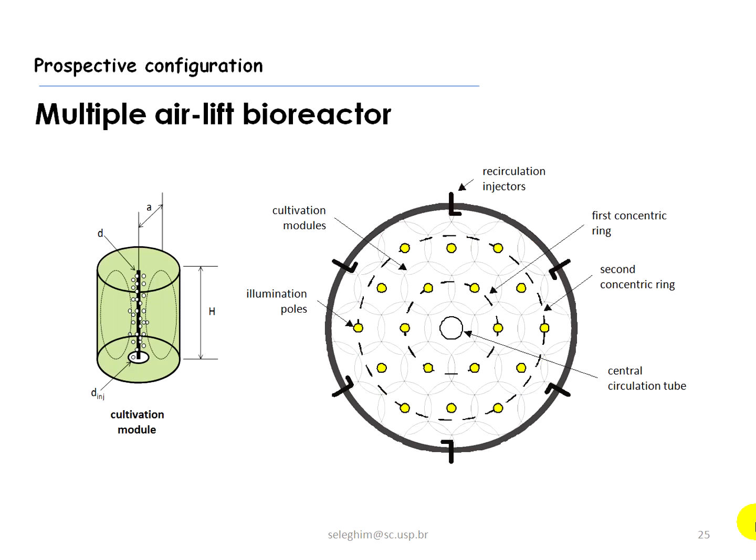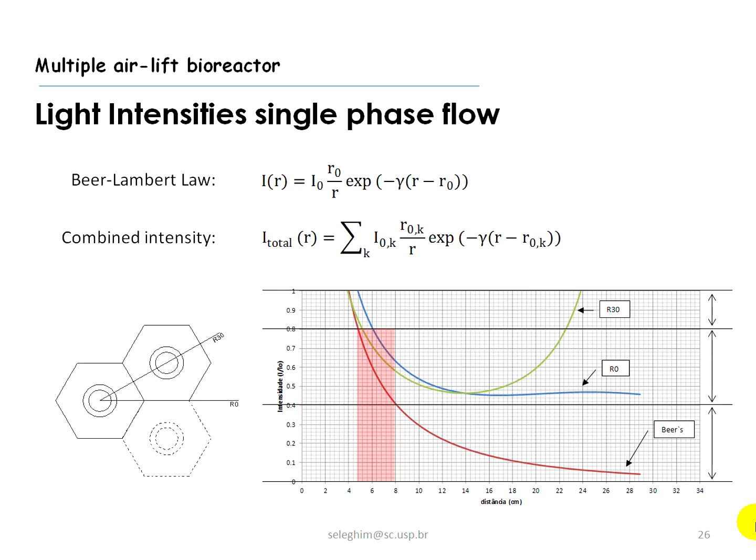I'm coming back on the slide. So if you are at a specific position here, you have to add all the light sources which are at different positions, okay? So we can plot the light intensities. What we did here, we just calculated light intensity for a single illumination pole, which is this red curve here, okay?